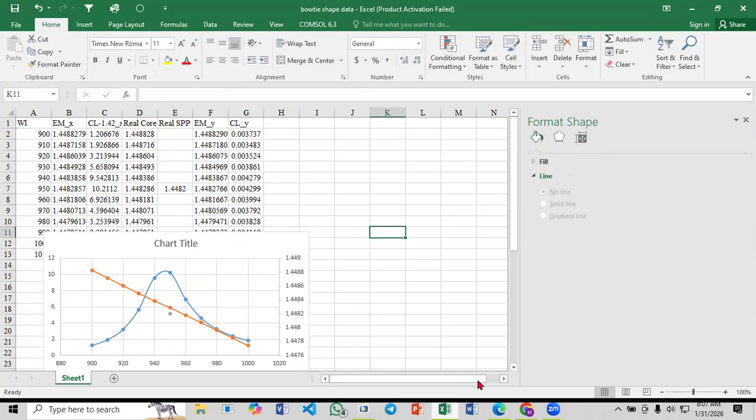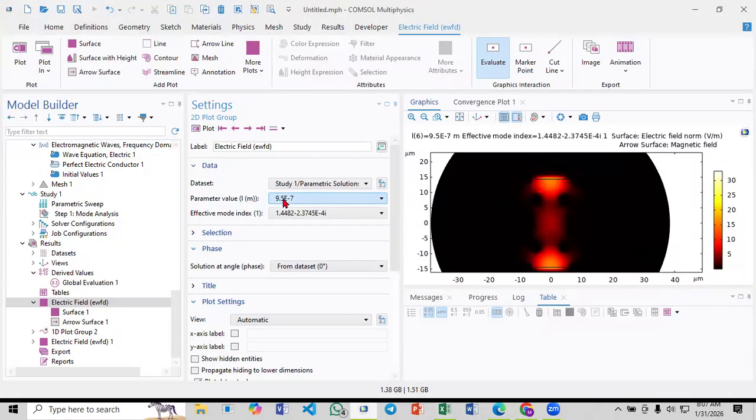Then we can check for 940. This is not the core mode, sorry, this is the SPP mode. For the SPP mode, the real part is 1.4485.